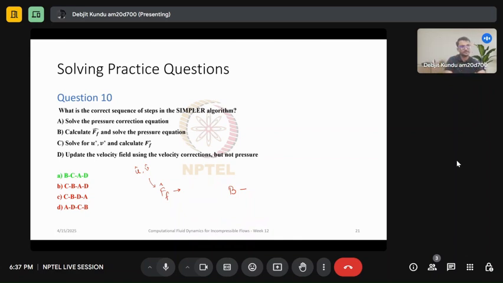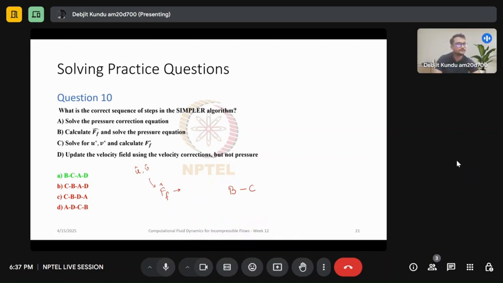Using that pressure we find out what u star and v star are, and we also use it to calculate the convergence measure, which we use to check for convergence. So that's the next step, C.